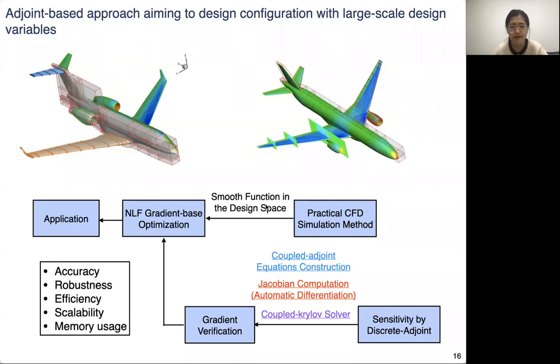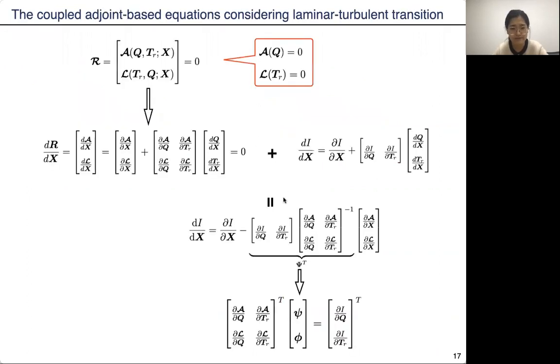So I began my work on the discrete adjoint-based method for laminar flow optimization. We first write those 2 problems like this. One is for the RANS solution with fixed transition location. The other is for the transition prediction problem.